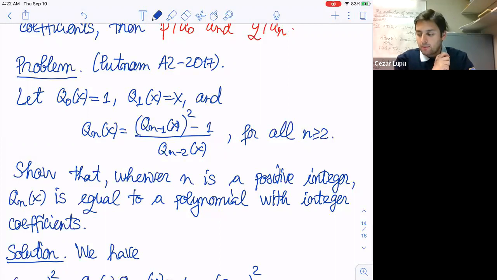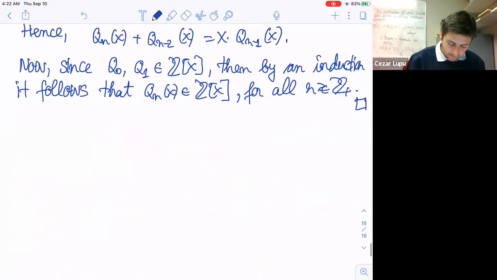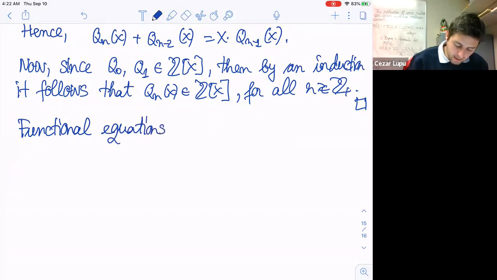All right, I think I'm going to stop here with the polynomials, but I'm not stopping here with the lecture. I want to say a few words about functional equations, and maybe give you one example or a couple of examples. What is a functional equation? Let's roughly say the definition.